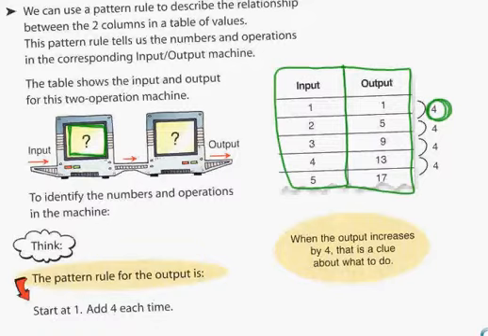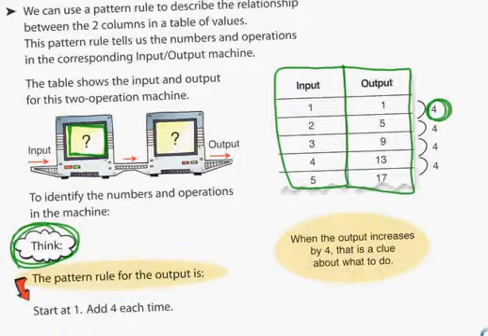Basically, I want to take a look at this and think, what kind of operation would be in there? If I look down here, I'm looking at the think part right here. It says the pattern rule for the output is start at 1 and add 4 each time.